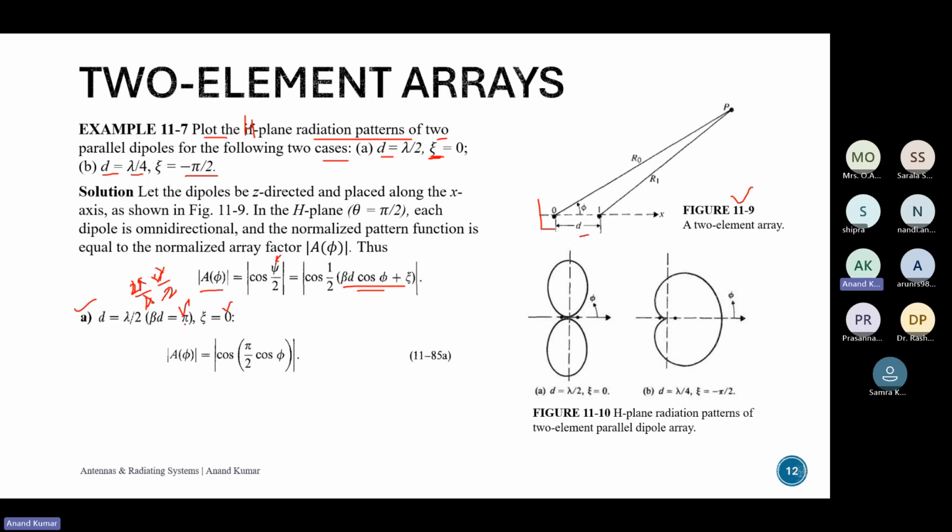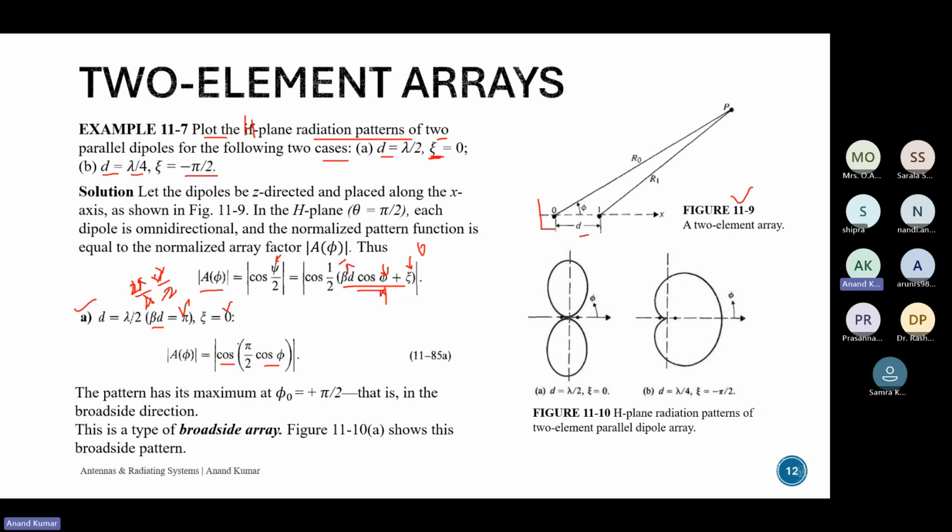Putting beta d as pi, and phi here for the coordinate angle, and this is 0, we end up with cos of pi by 2 cos phi. So we have got the array factor now.